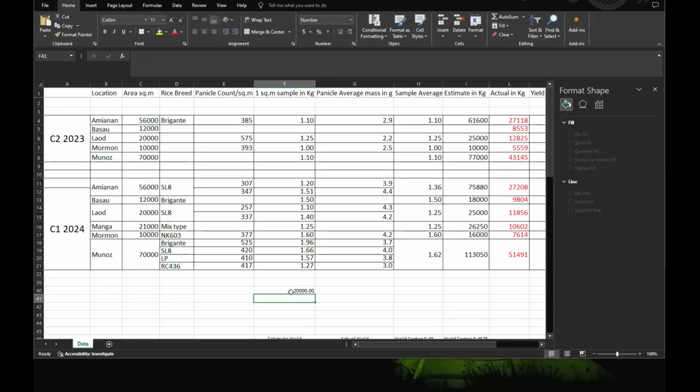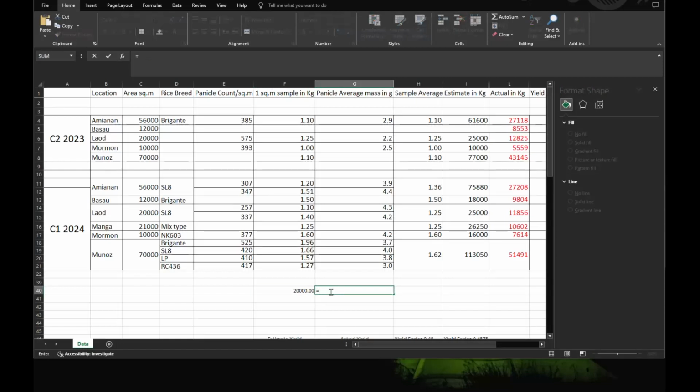So 20 tons. 1 hectare is 20 tons. Well, you're not going to get 20 tons in 1 hectare without doing any changes to your method and procedures.